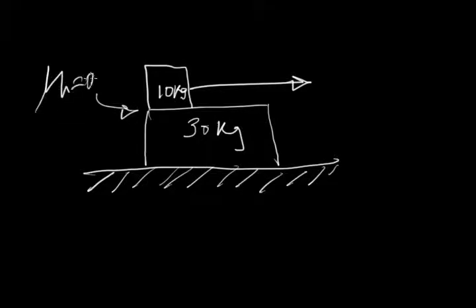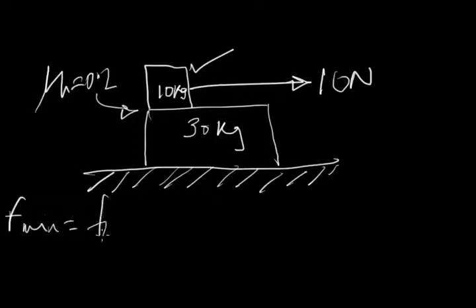So if I pull the body with a force of say 10 Newton, I have to calculate the minimum force required to move this body. The minimum force required to move the body, as you can check from the graph earlier, is equal to the maximum friction force, and the maximum friction force is mu N, which is mu mg here.